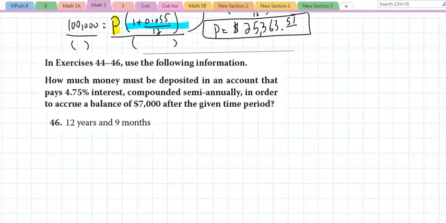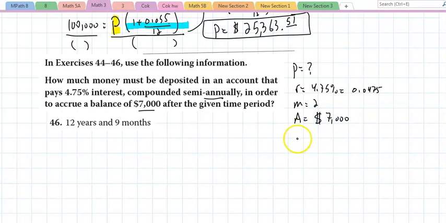How about this problem? Same deal. How much money must be deposited? How much money should I put in right now? Account at a bank that pays 4.75%. That is 0.0475. Compounded semiannually, that means M is twice a year. In order to get a total of $7,000 after the given time period.